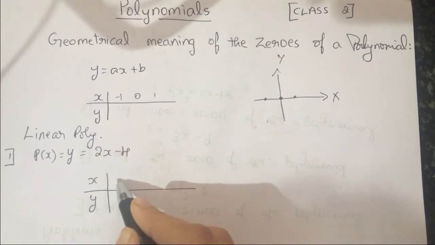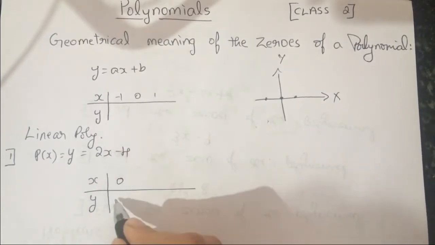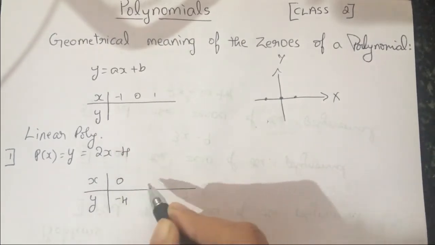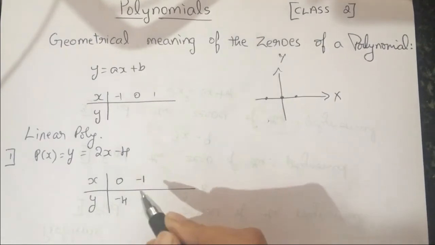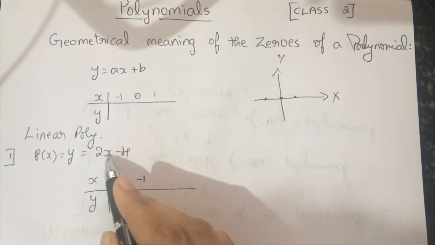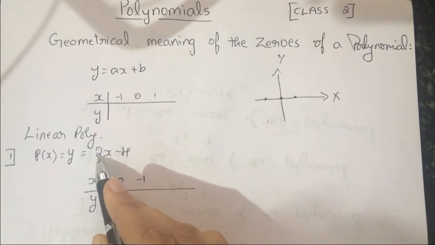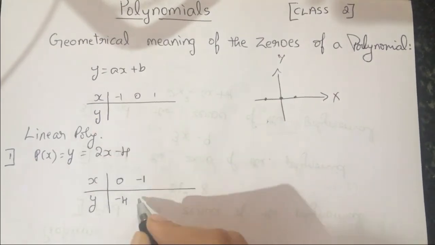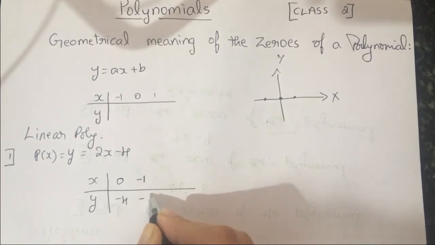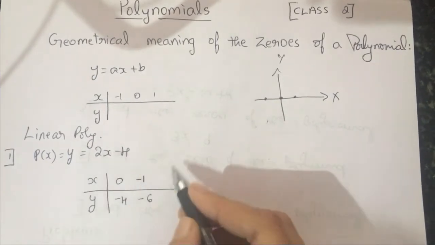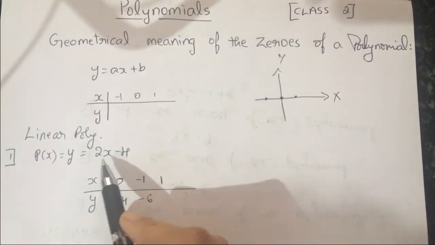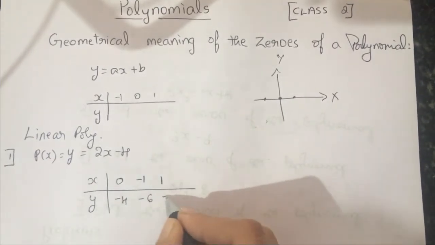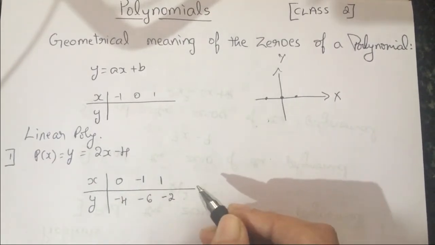When x is 0, y is -4. When x is -1, into 2 it is -2 and -4, so it is -6. When I give x is 1, 2 minus 4, it is -2.